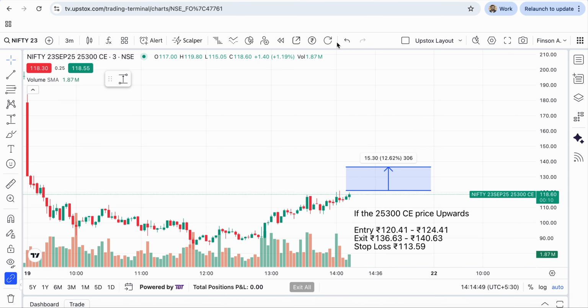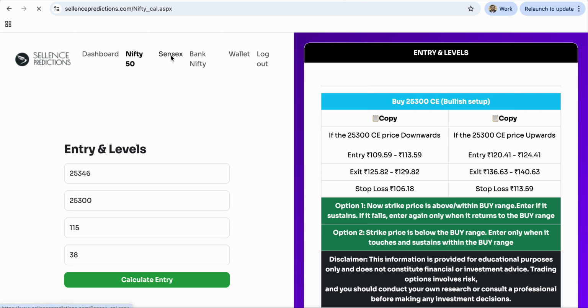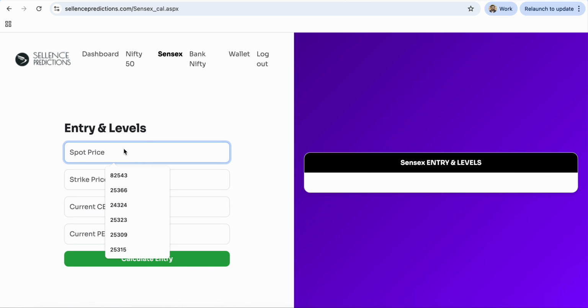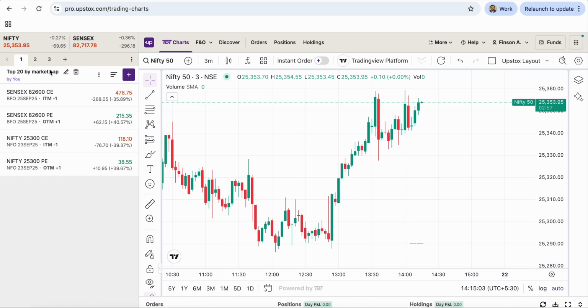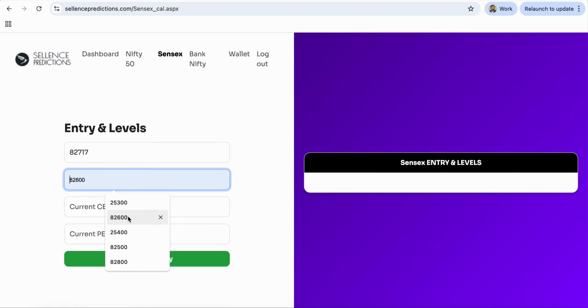We generate another one on our Sensex. Select the Sensex option. Check the Sensex spot price, it is 82,717. Strike 82,600.